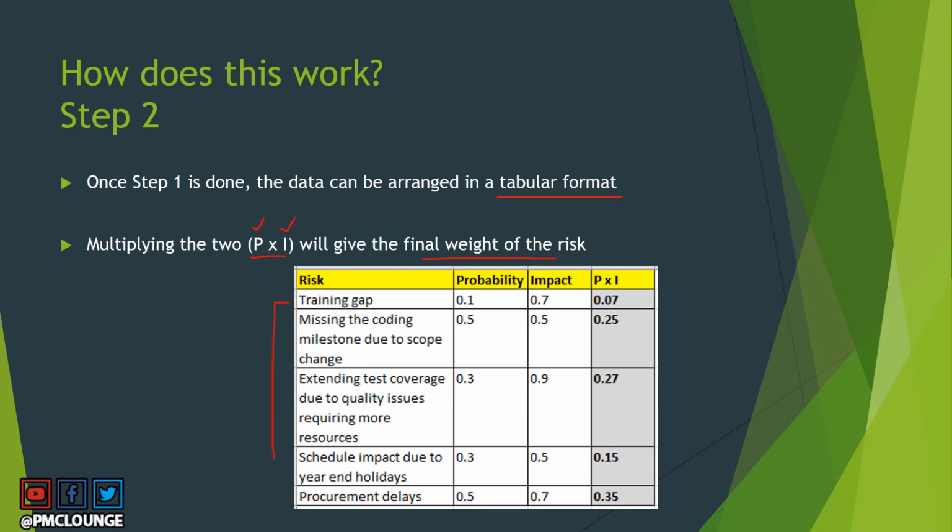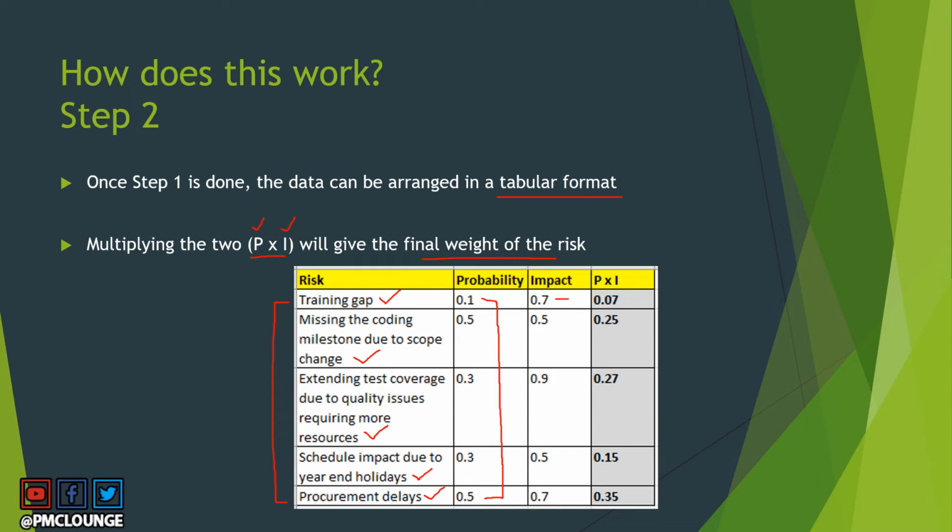These are all the risks that you have identified as part of your project. Training gap, missing the coding milestone due to scope change, extending test coverage due to quality issues, which will ultimately require more team resources, even physical resources, schedule impact due to year-end holidays, procurement delays. These are the values of probability that your project team has assigned to all these risks.